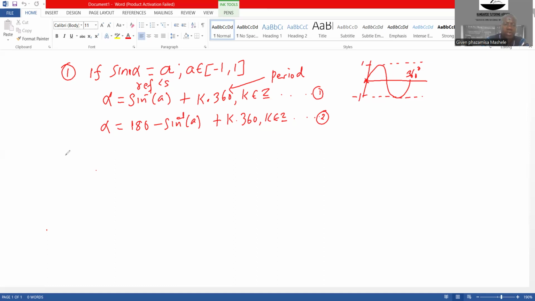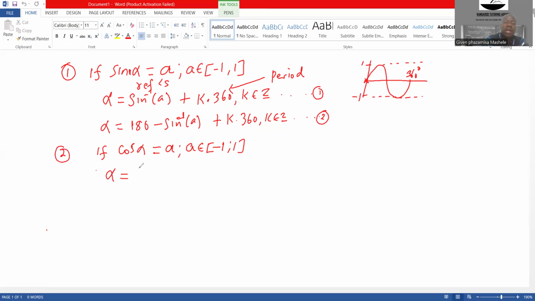This one is for cos. It says if cos of alpha equals A, where A is an element between -1 and 1, and you want to determine the general solution for cos, we're going to get two answers.